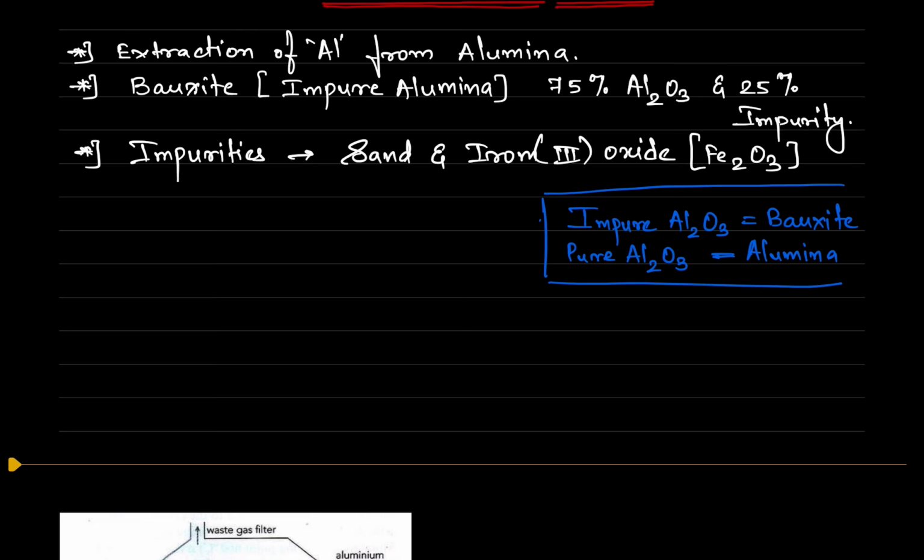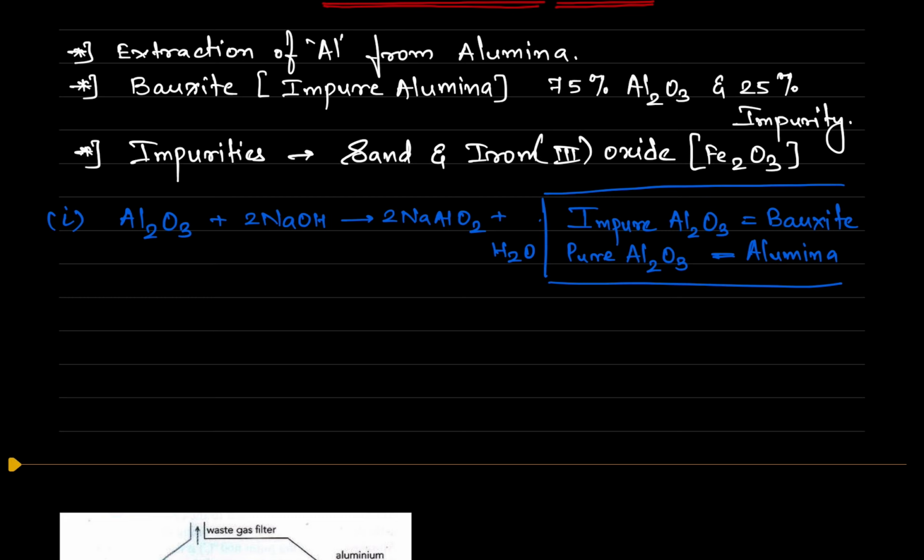Okay, now what happens is, in the first step, I take impure Al₂O₃, which is referred to as bauxite, and to this I add NaOH. I'm giving you the balanced reaction directly. So I add 2 NaOH. What I get is 2 NaAlO2, and along with this I get H2O.